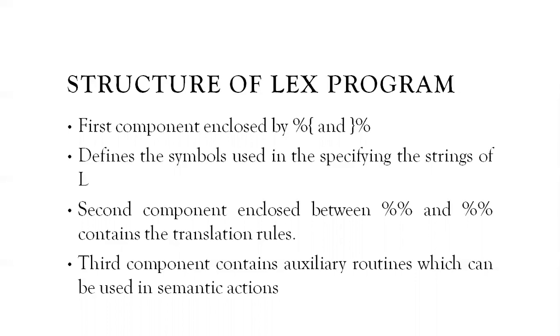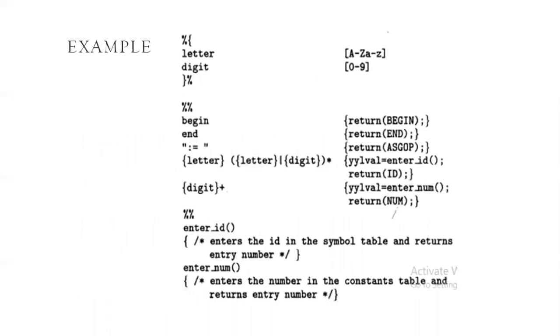Without wasting much more time, let us see the example. In this example, you can see the specification part. Letter is accepted if there is a combination of capital A to capital Z, small a to small z. In the second part, you can see the translation rules.